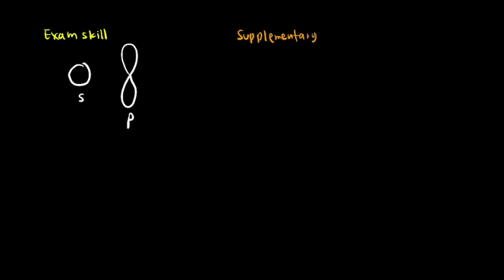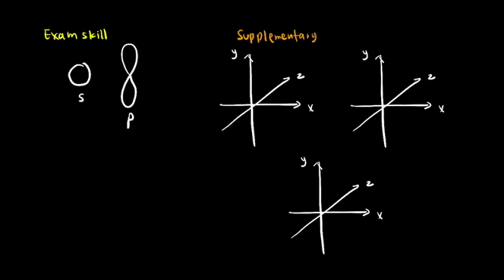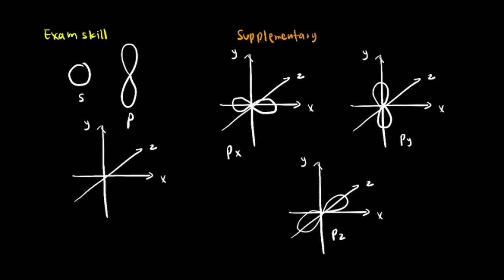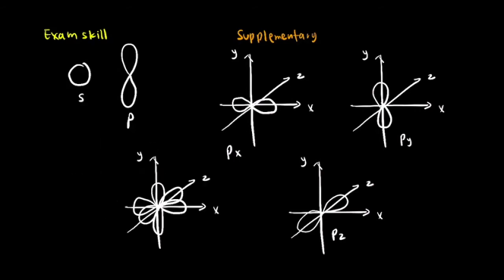So if you would like to read a little bit further, you'll find out that the p orbitals are actually labeled px, py, and pz orbitals based on the way that they are arranged in space along the x, y, and z axis. So the px orbital would be, you guessed it, aligned along the x-axis. The py orbital would be aligned along the y-axis, and the pz orbital would be aligned along the z-axis. Altogether, this is what the p sublevel looks like.